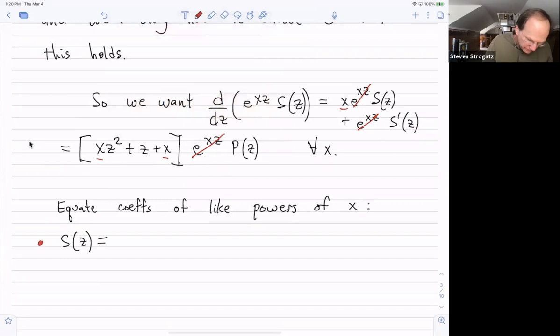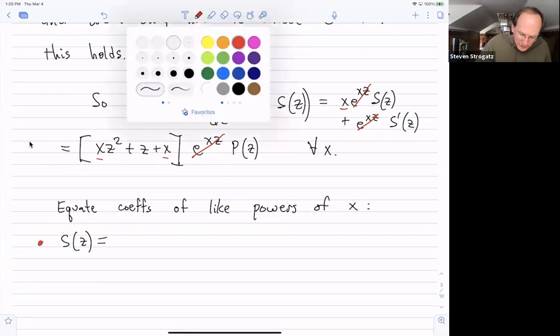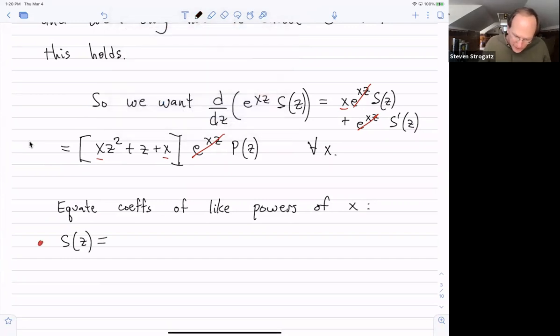That one is going to give us S of z equals z squared plus 1, it looks like, times P. That's from the coefficients of x.